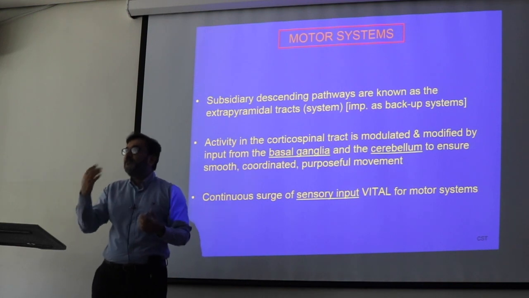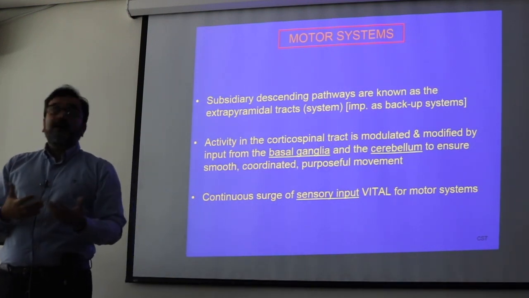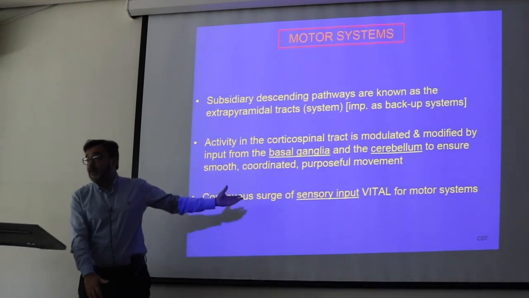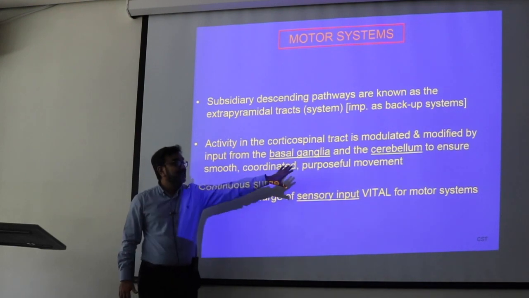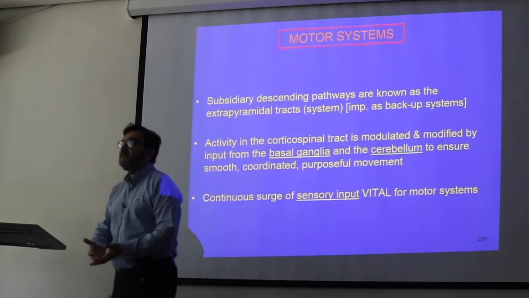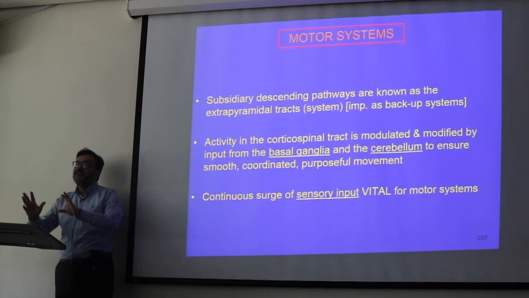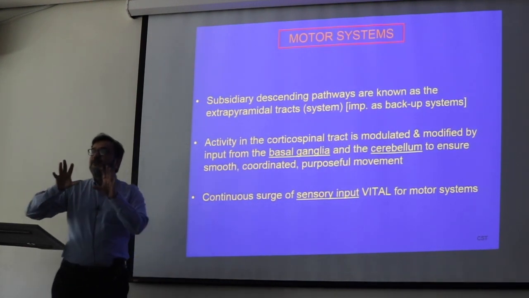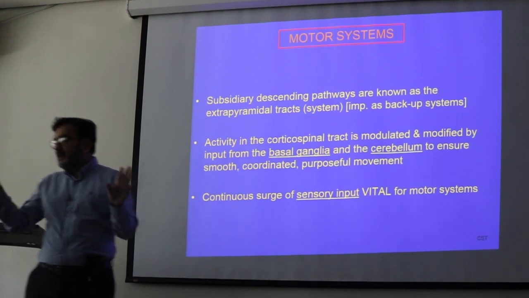So nystagmus is because of the inability of the eye to correct its movement, and it is also controlled by cerebellum. So basal ganglia, initiation of the movement; cerebellum, during real time, correction of the movement. So you can see these features and you can define which part of the motor system is affected. Okay? Clear?